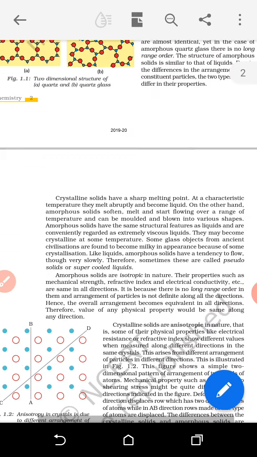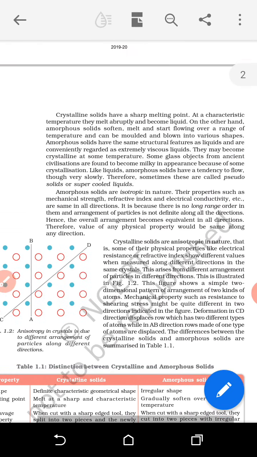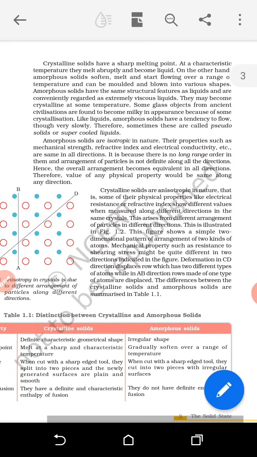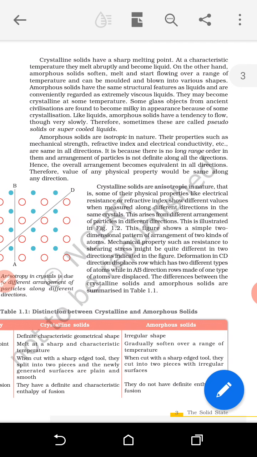The properties of crystalline and amorphous solids are quite different. The crystalline solids have a sharp melting point. In contrast, the amorphous solids soften, melt and start flowing over a range of temperature, and hence can be molded and blown into various shapes.